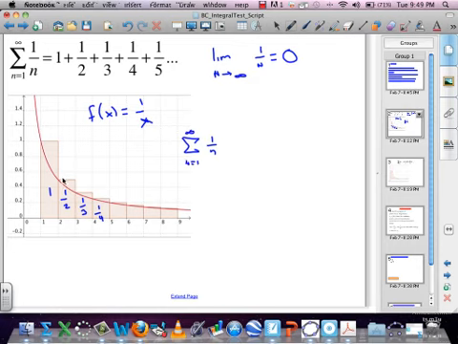Okay, if I add up all of those numbers, that's the same as adding up all of these rectangle areas, and it's very clear from the picture that that series, or those rectangles, is greater than the area under the curve from 1 to infinity of the function 1 over x dx.